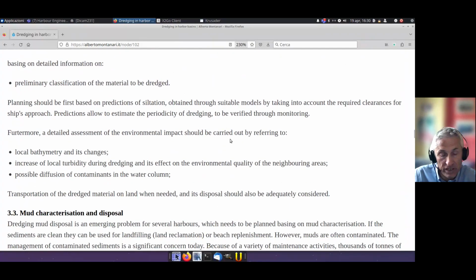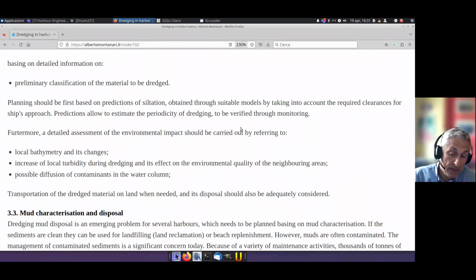We also need to carefully assess the economic effort that is needed for dredging. This is strictly related to the actual management of the port. Of course, port activity needs to be sustainable. Sustainability also means ensuring that all the essential cares are taken for port management.